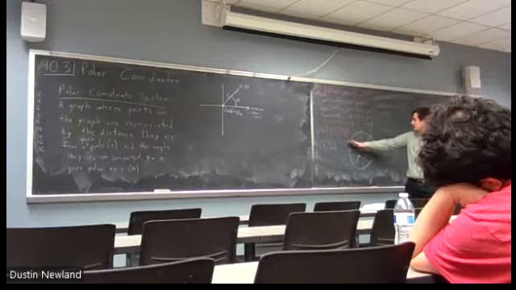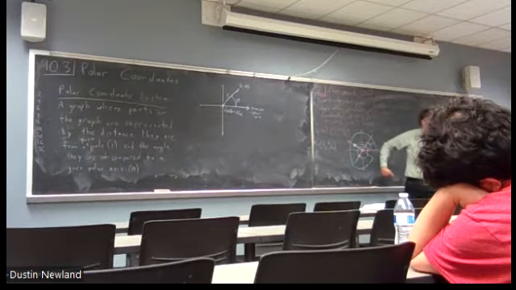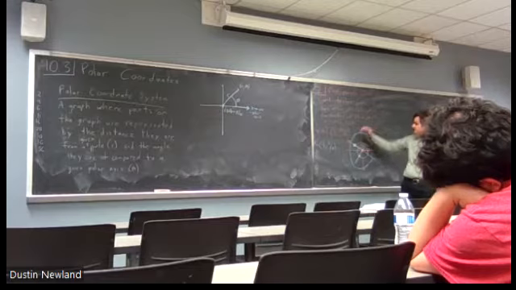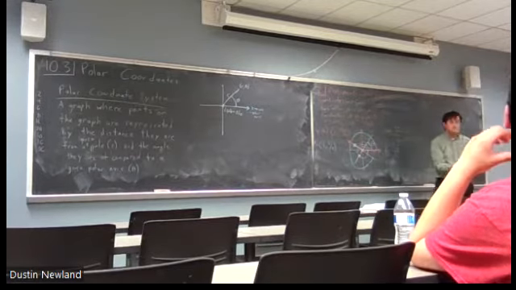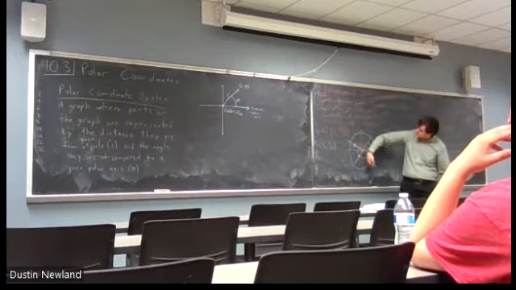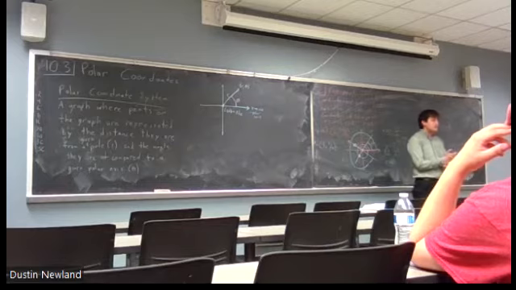How far do you think this distance is from here to here? How do you know that? That's correct. But I wasn't asking about the whole distance, I'm asking just this piece. Yeah, from here to here. How much is that? It's pi.